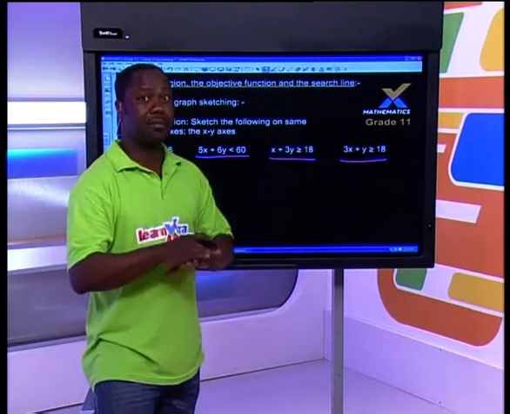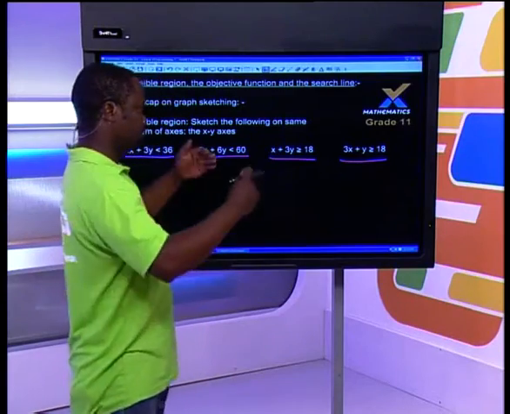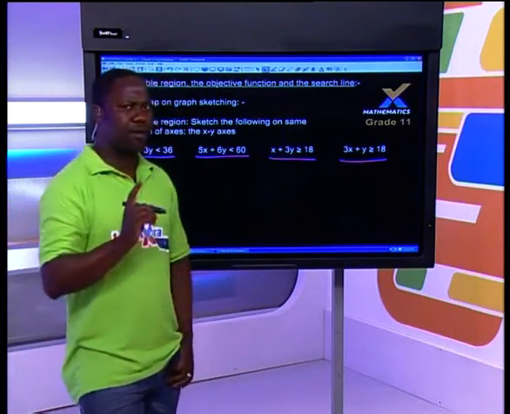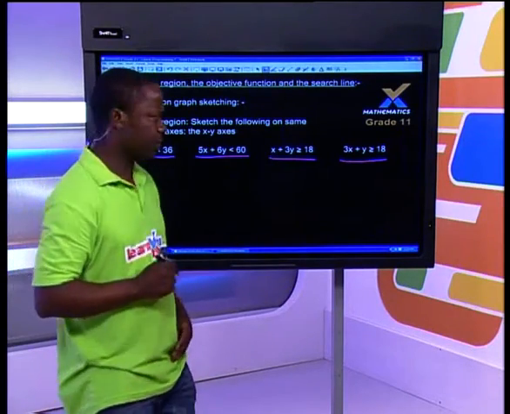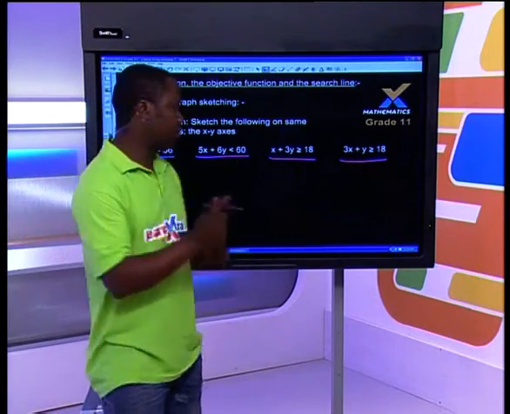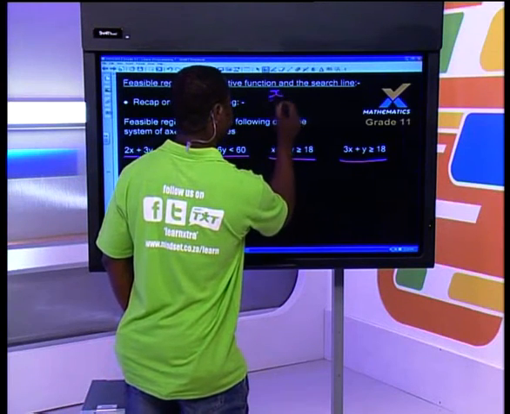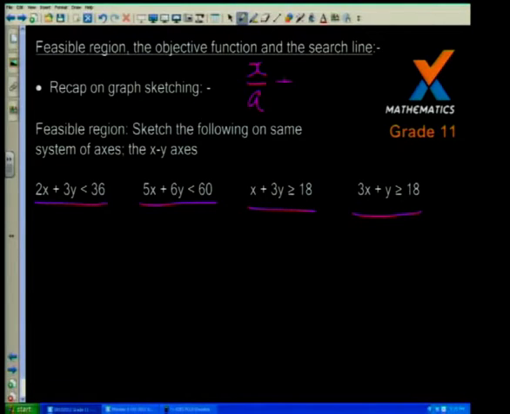Do we have implicit constraints and all that? So let's start off with this one. I gave you 3 forms of the linear equation. And the one that I'm going to encourage you to use is the last one, which I wrote there. Let me write it here: x over a plus y over b is equal to 1.